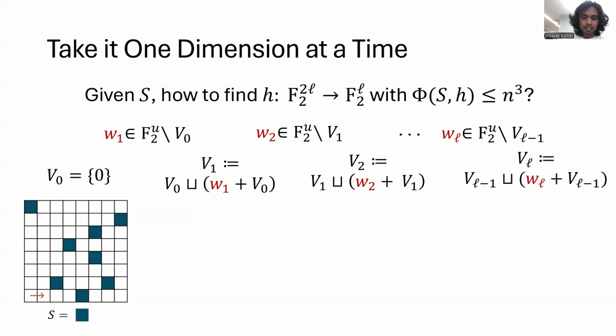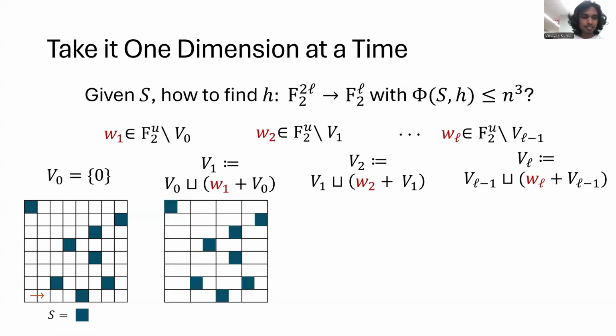And so thus, our hash is going to look something like this. Now we're looking at shifts of this rectangular subspace. And so now we have a slightly coarser hash where we've paired up bucket X with bucket X plus W1.